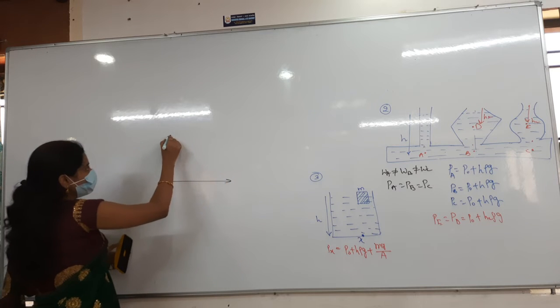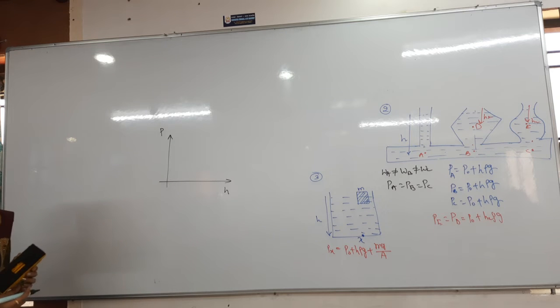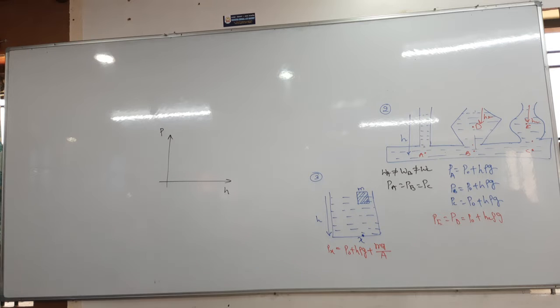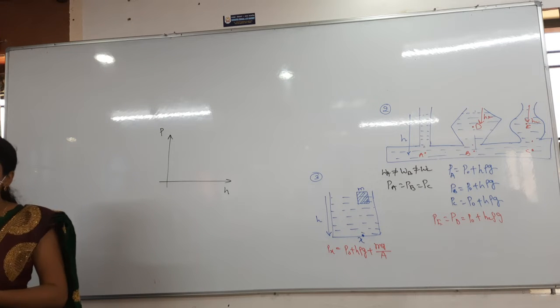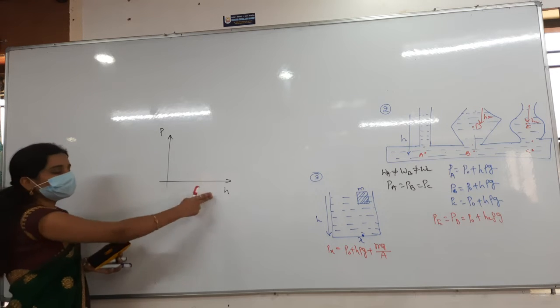We will see the pressure height curve. For example, a closed vessel. What is the formula we got? For a closed vessel, P is equal to rho g h. Rho g is constant, obviously. Density of the fluid will not change, and gravity will not change. Only height will be changing. So P is directly proportional to h.